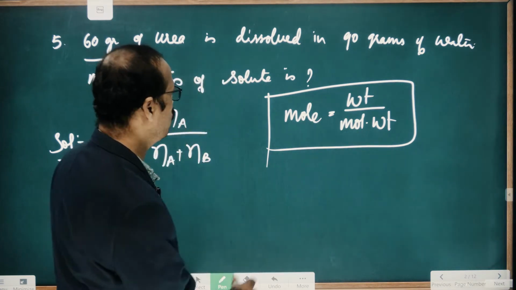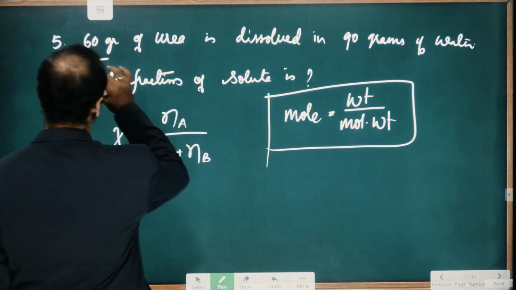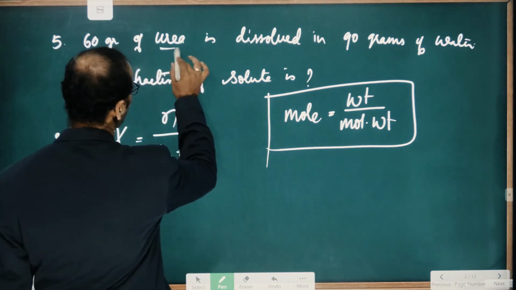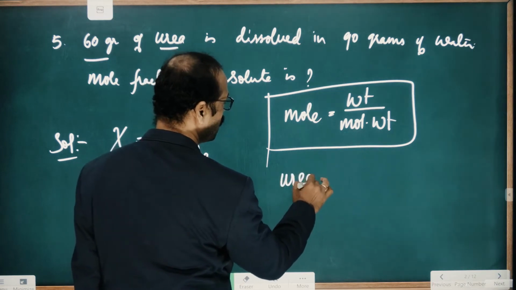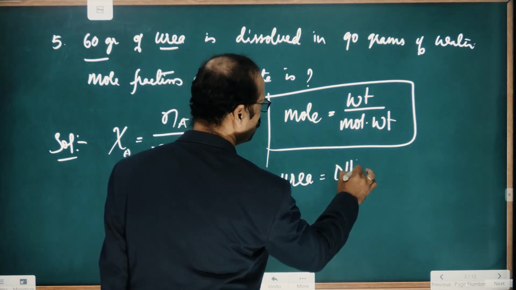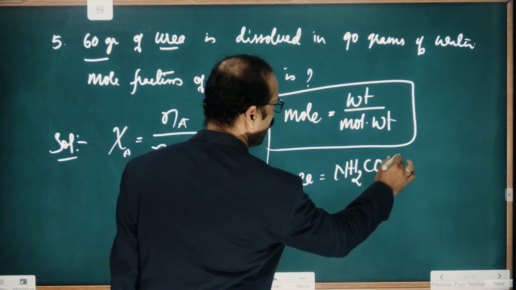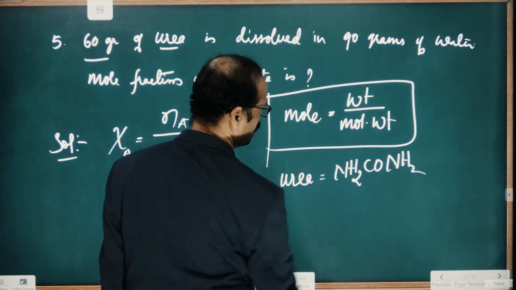Okay, so now mole is equal to, I want the number of moles of urea. The urea formula is NH2CONH2. You have to remember this one.